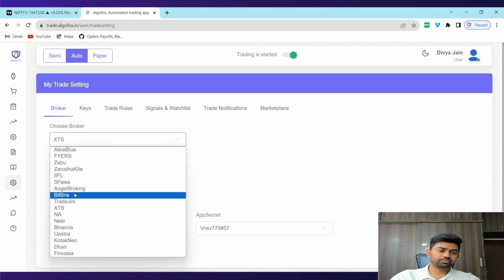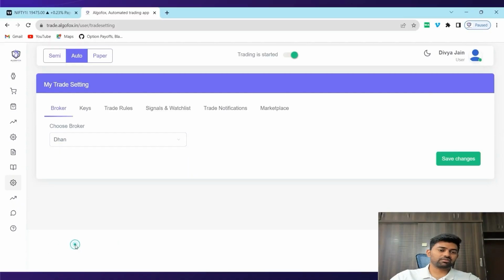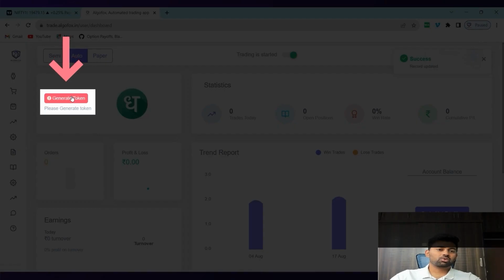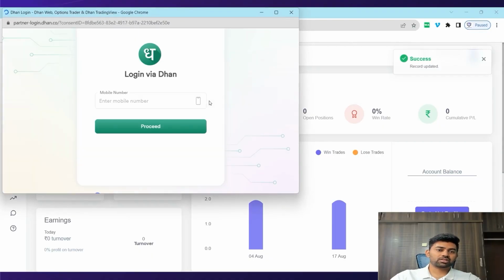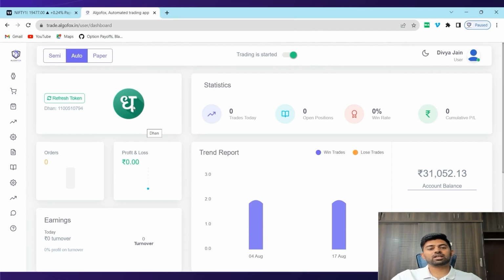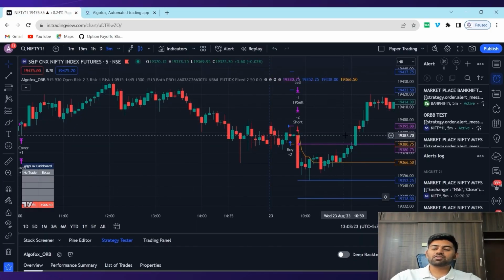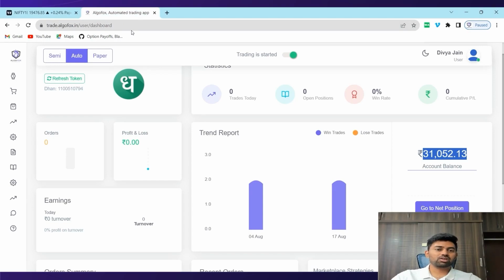For example, if I use any broker, say Dhan for an example, and go to AlgoFox, generate token, password, enter the OTP, that's it. You will see now my Dhan account is connected to AlgoFox. Account balance is also fetched. Now, whenever TradingView would generate any signal, it will travel to my Dhan account and execute automatically.